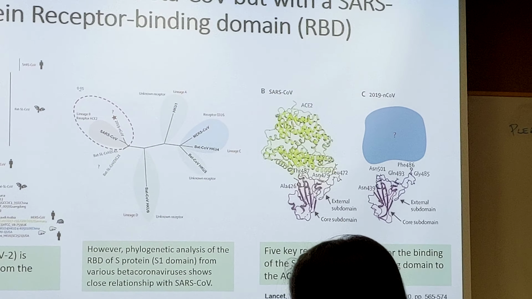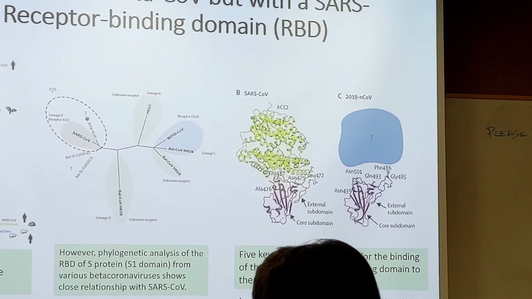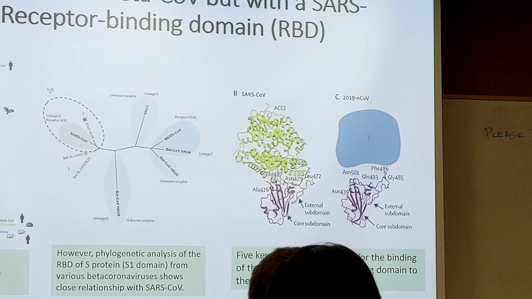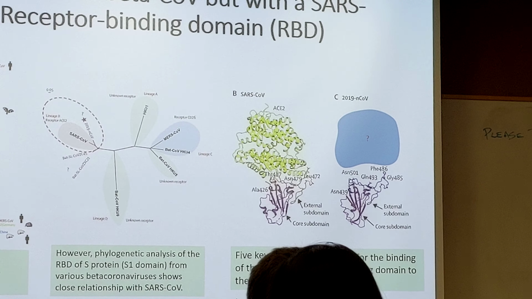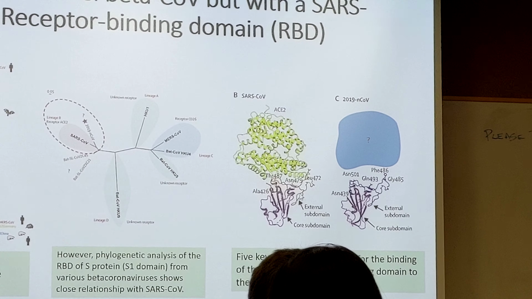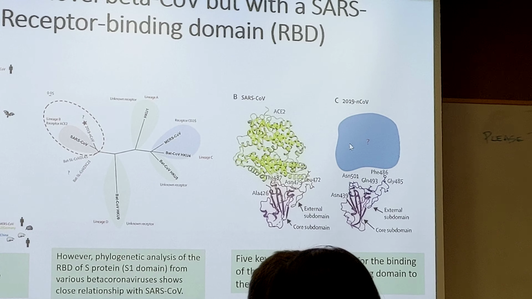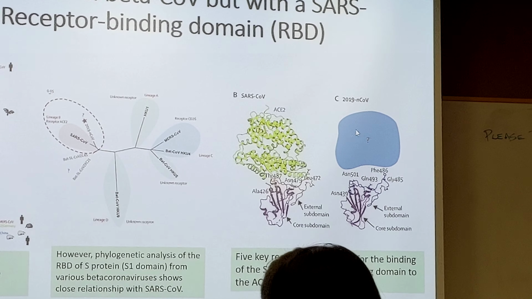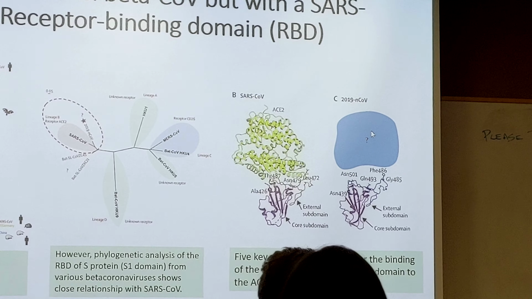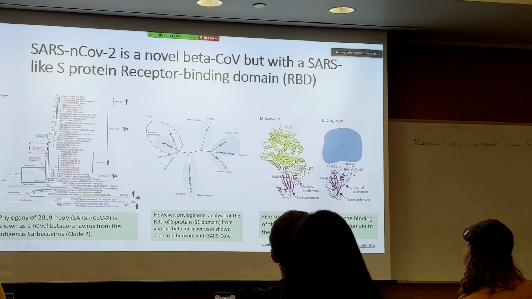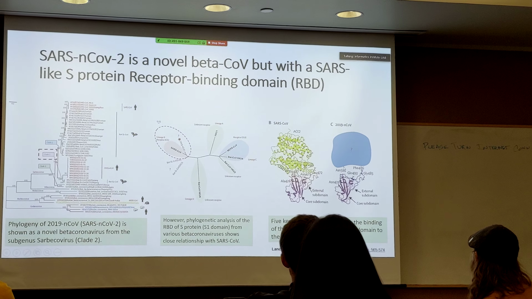They looked at SARS binding to the human receptor called ACE2 protein, at the key residues and the structural fold of the protein. They suspected that this new coronavirus should also bind ACE2 in humans. However, all of the contact residues seem to be different. So what is going on?